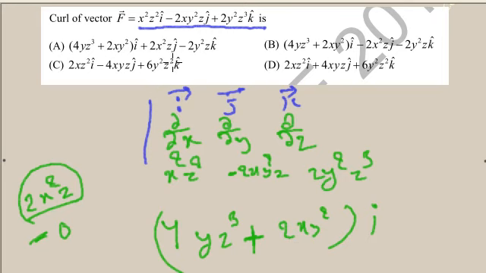This is the correct answer, because if you see a and b, this is plus and this is minus, so plus is correct, so a is correct.